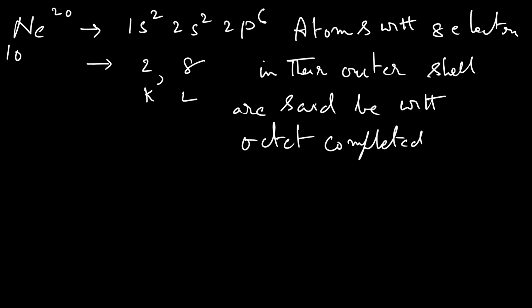Octet means 8 electrons. Having 8 electrons in the outermost shell is referred to as octet. So neon completes its octet.